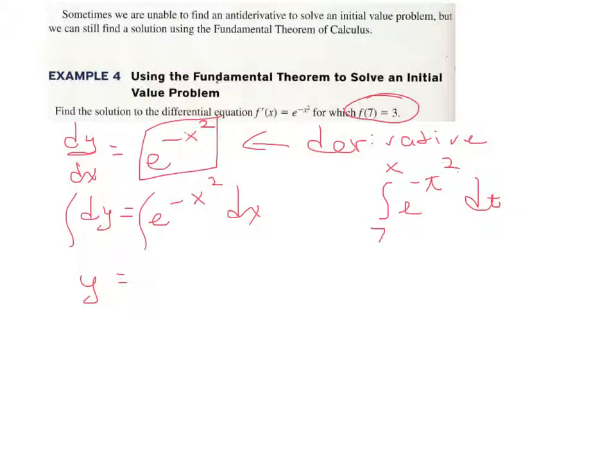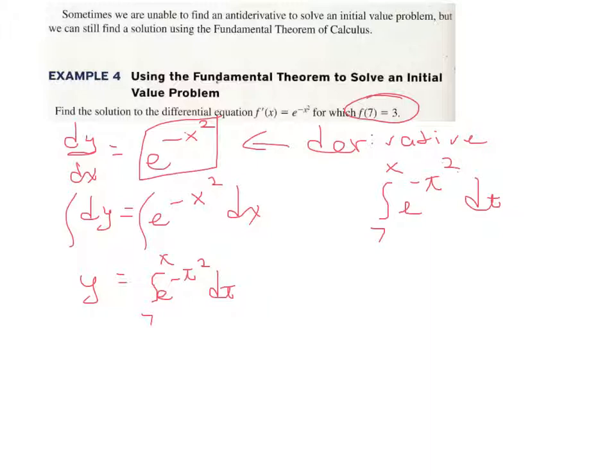If we were to take the derivative of this integral, then by our second fundamental theorem, we would get e to the negative x squared, because you just plug it in, multiply by the derivative of x. So we can write that here, and we're going to do it as the integral from 7 to x of e to the negative t squared dt.